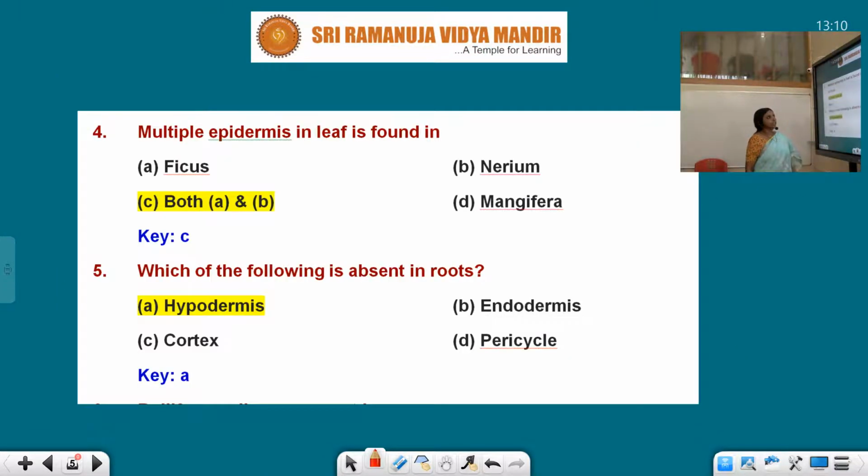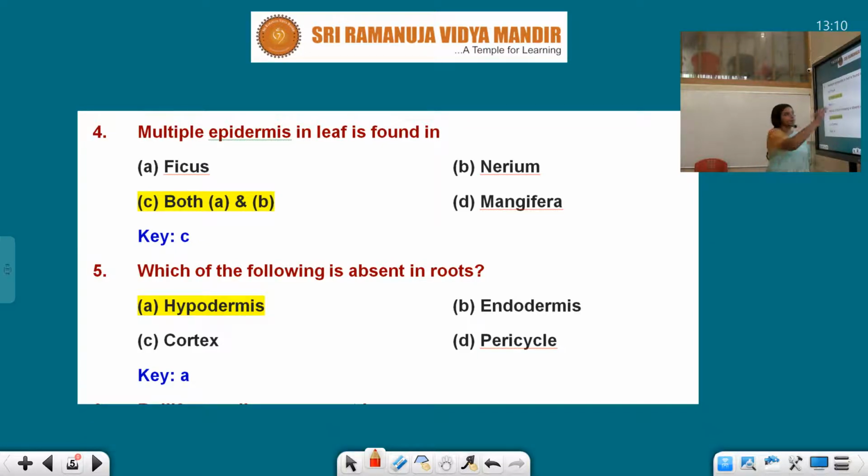Multiple epidermis in leaf is found in, of course, multiple. Generally, epidermis is single layered, but in some plants, multi-layered epidermis is also seen. Generally, in xerophytic plants, the plants which grow in desert areas and drought areas, have multi-layer epidermis.